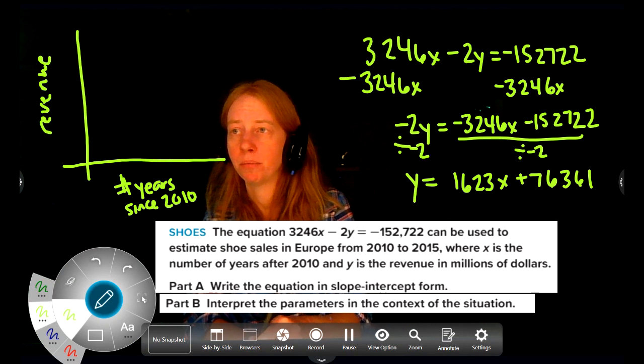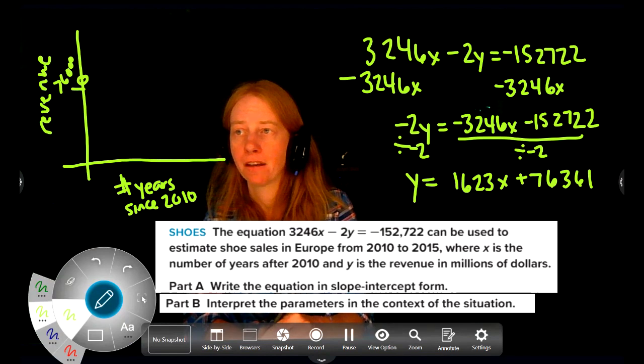I don't think I like where I put that. I'm going to put it more in the middle. 76,000-ish. Okay, it's a little above that. That's our y-intercept. Okay, so that's year 0, right? So years since 2010, this is actually 2010. This would be 2011. This would be 2012. This would be 2013, etc.